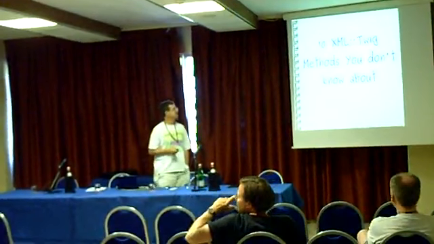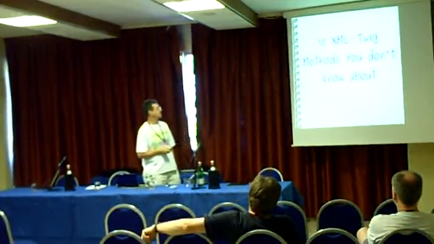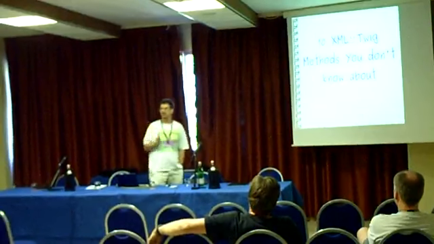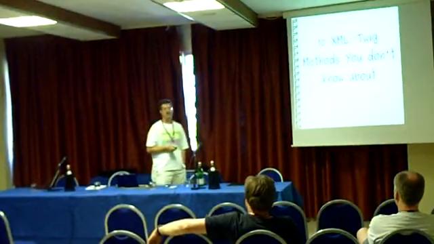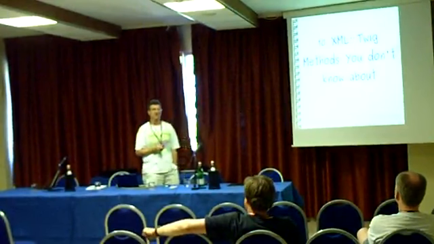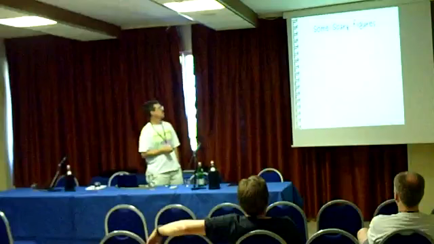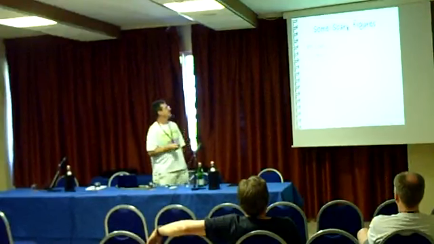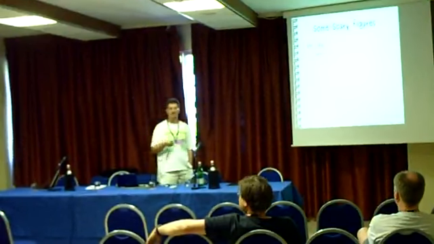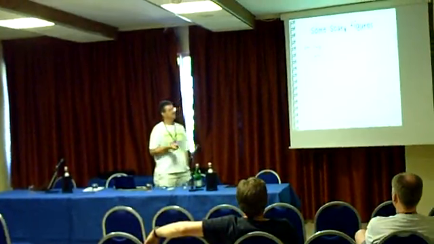Okay. So then the XML Twig methods you know about, and some of them I didn't even remember. And I went to the docs and this one's cool. So a few scary figures. I first released XML Twig about 12 years ago.